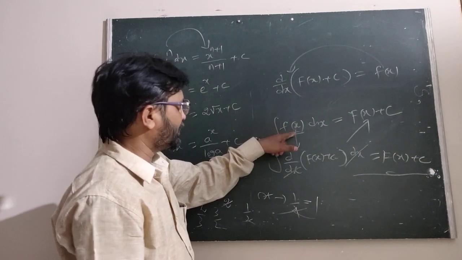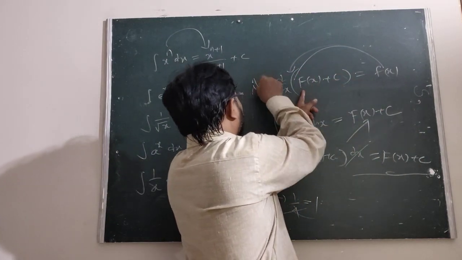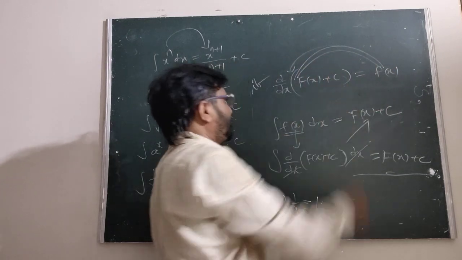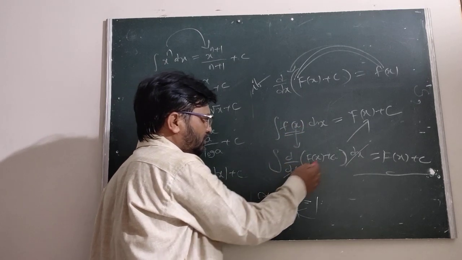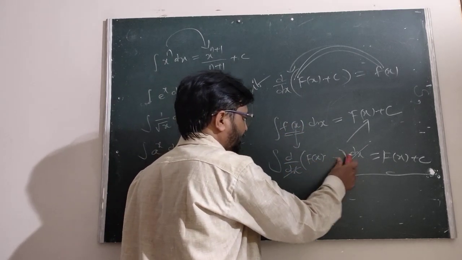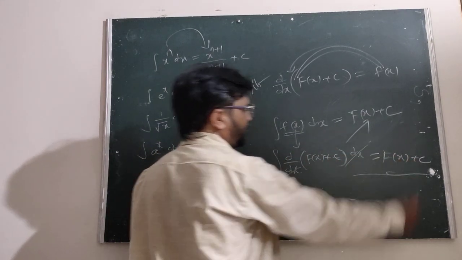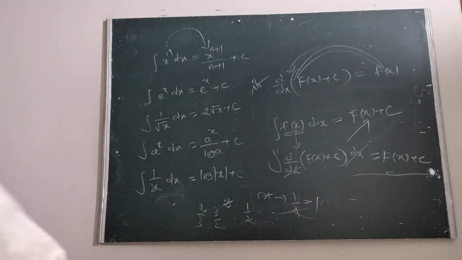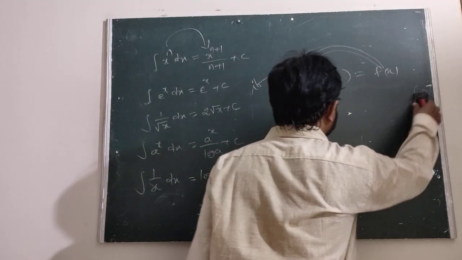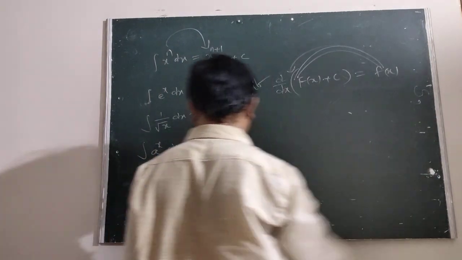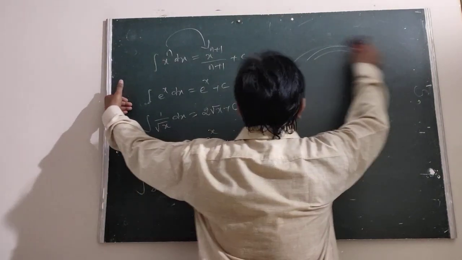Here the f of x is given by d by dx of f of x plus c. After that these two are cancelled, now these two are reversed. Therefore, what we are getting? F of x plus c. That means the reversible process of the differentiation is called the integration. Now here, similarly, we can prove these formulas.